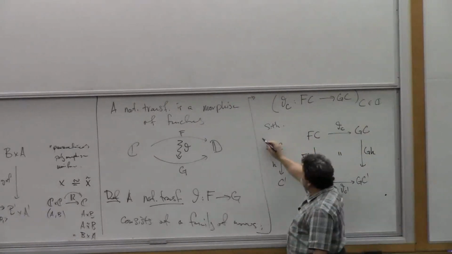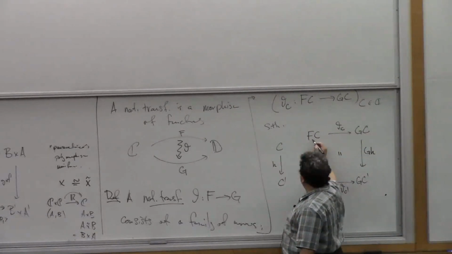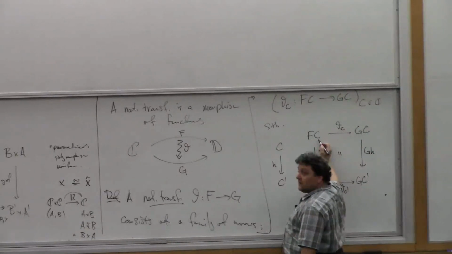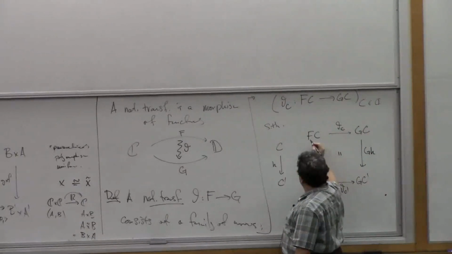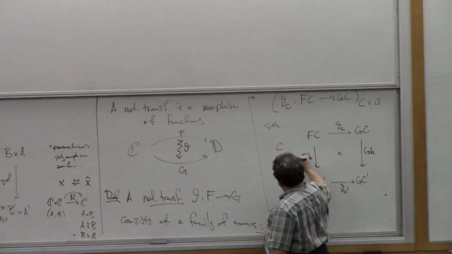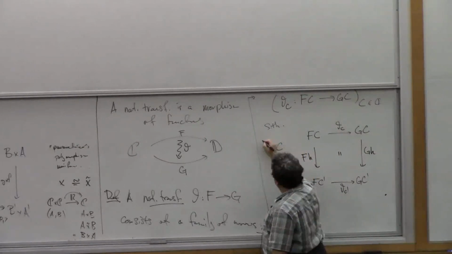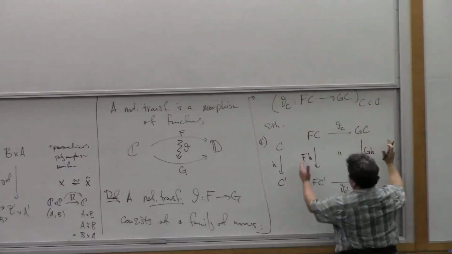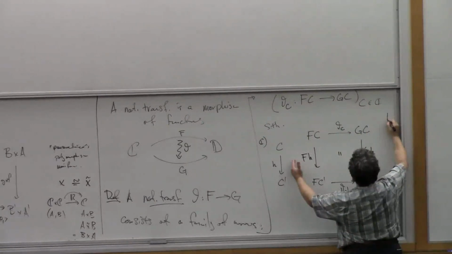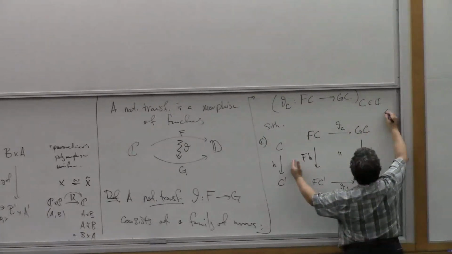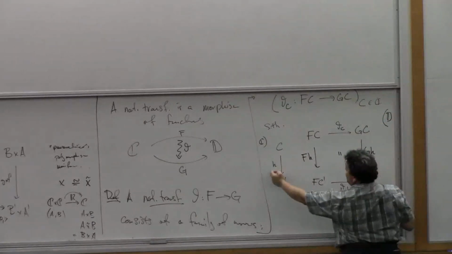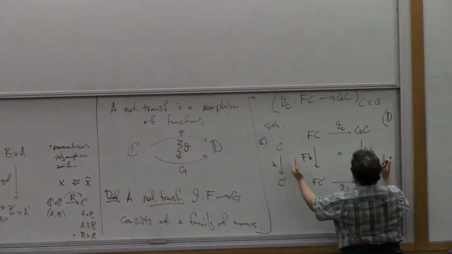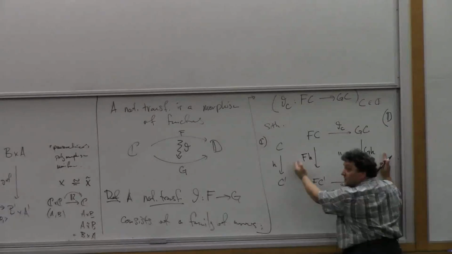C is an object in C. I apply F to C and I get an object in D. This little piece of the diagram right here is in the category C. And then this diagram here, this commutative square, is in the category D. And it's a condition that says for every arrow in C, I get a commutative square like this in D. Is it good? Okay.